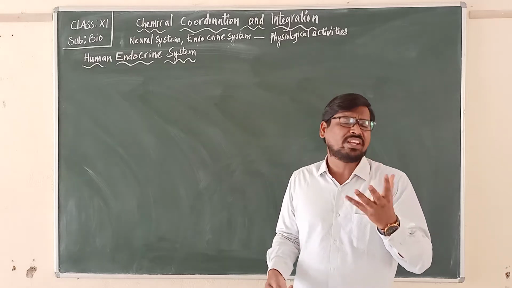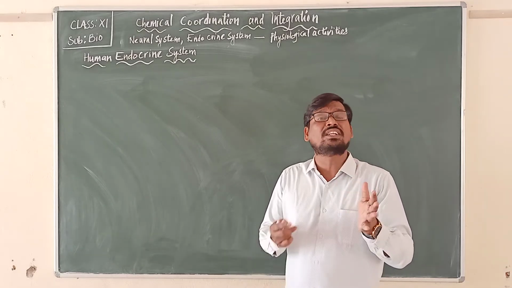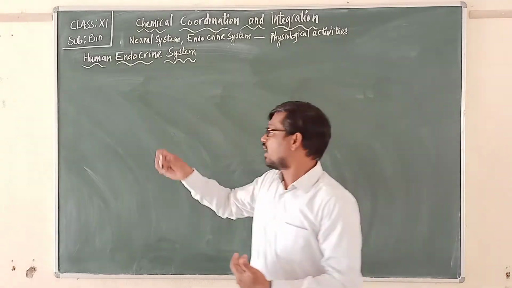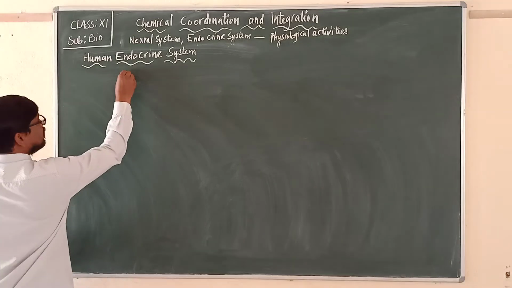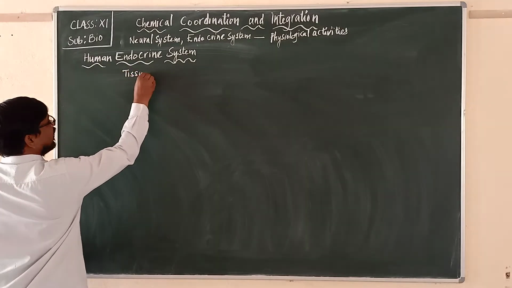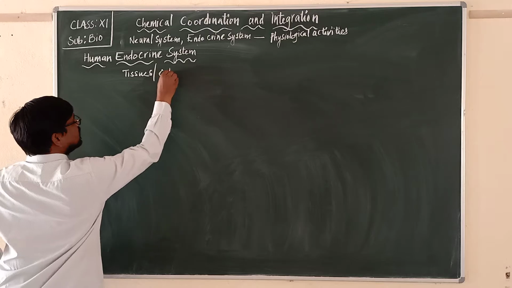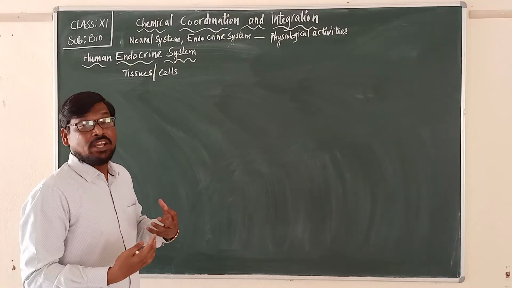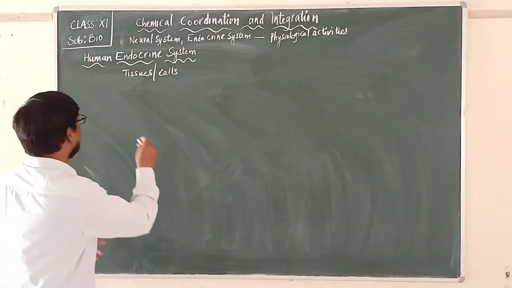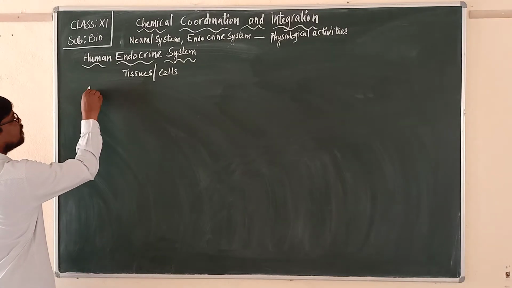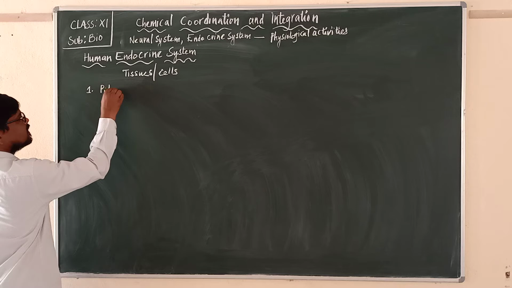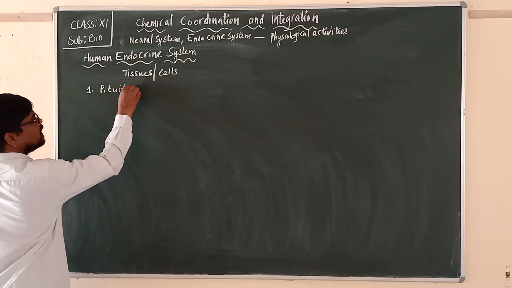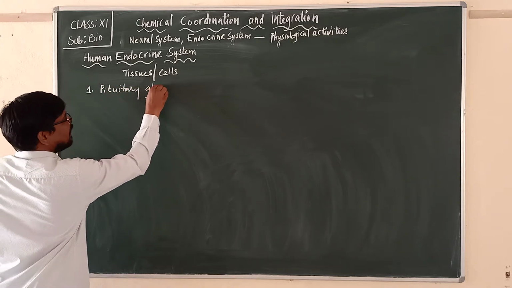There are various cells or tissues present in different parts of our body, at different locations, which act as endocrine glands. The most important endocrine gland in our body is called the pituitary gland.